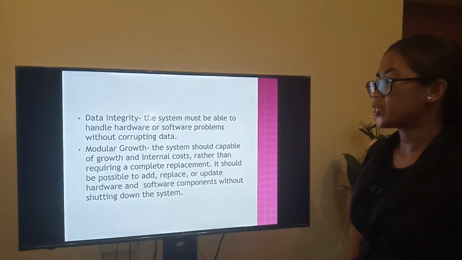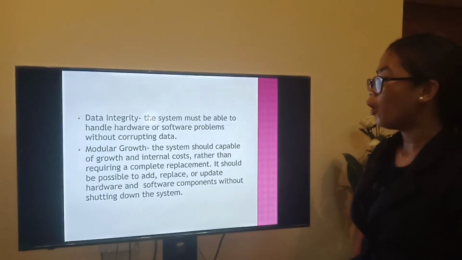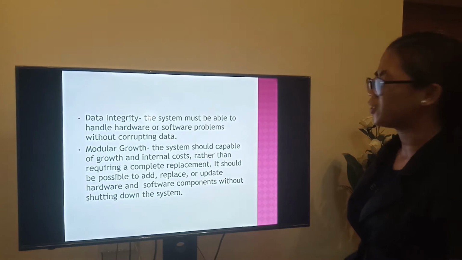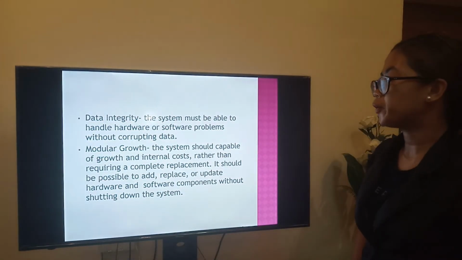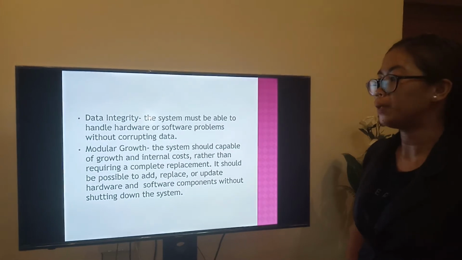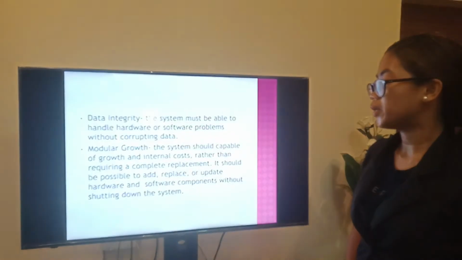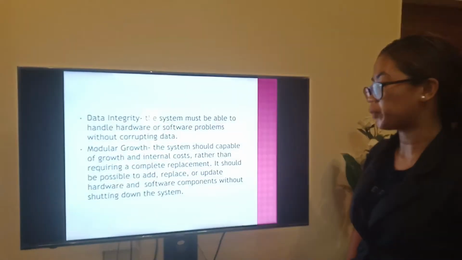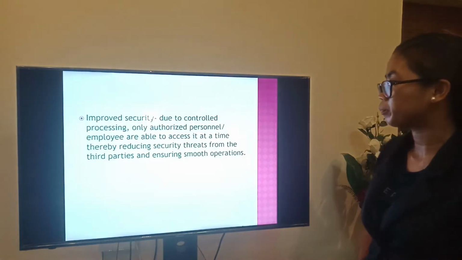Third, data integrity. The system must be able to handle hardware or software problems without corrupting data. Fourth, modular growth. The system should be capable of growth at minimal cost. Rather than requiring a complete replacement, it should be possible to add, replace, or update hardware and software components without shutting down the system.